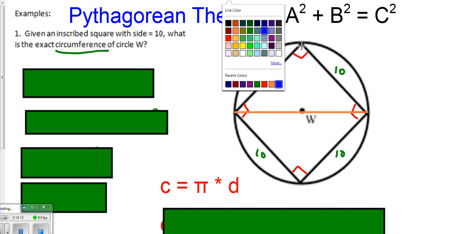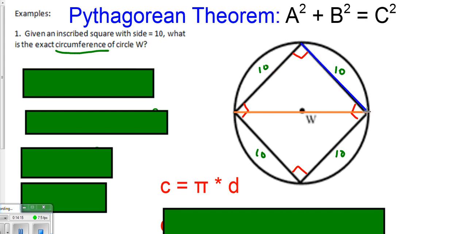So I'm going to draw that in with blue here. Here to here, here, and here. These two sides are both 10. Here is a right angle. So we can use our Pythagorean theorem to find out this missing length. That would be the diameter.